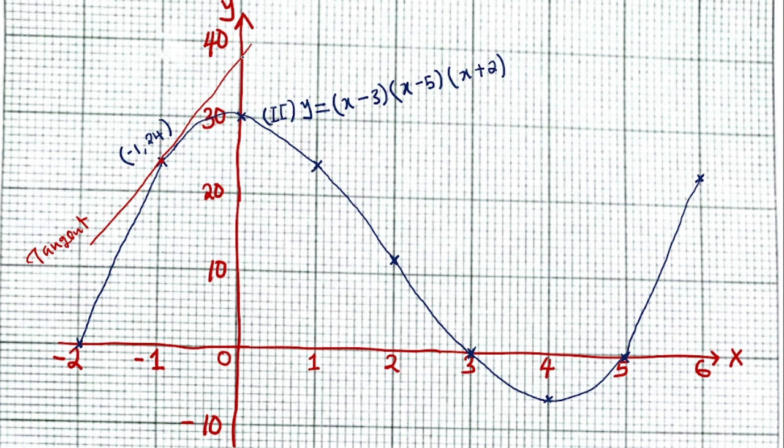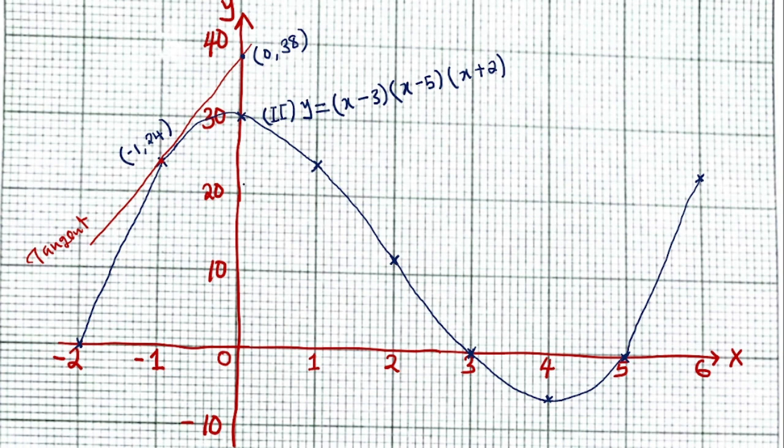Then coordinate number 2 will be 0, 38. That's the coordinate there. Then you're going to label them as x1 and y1, then x2 and y2.